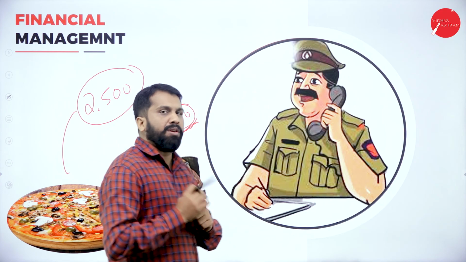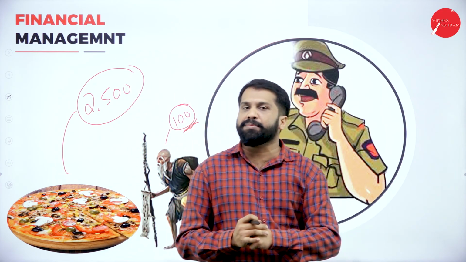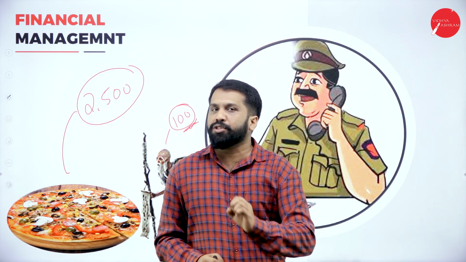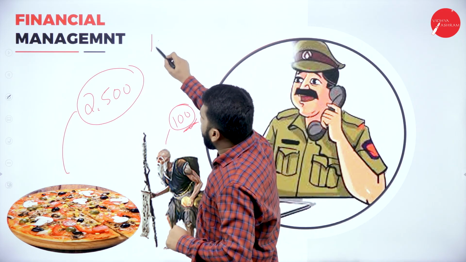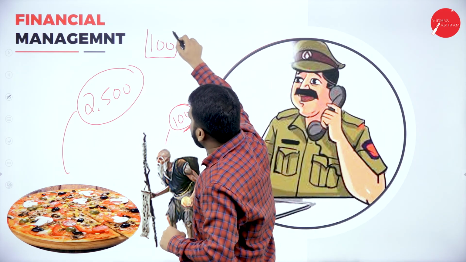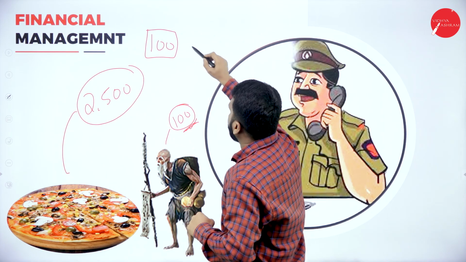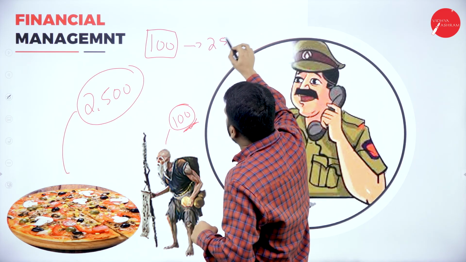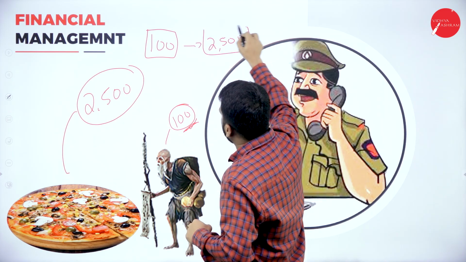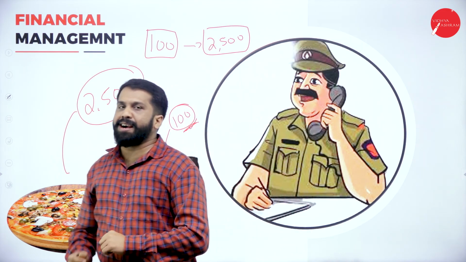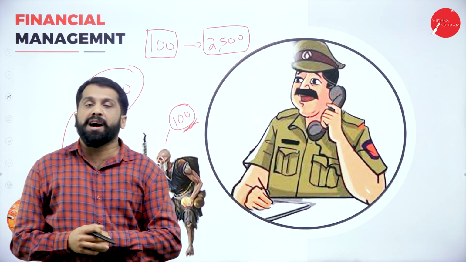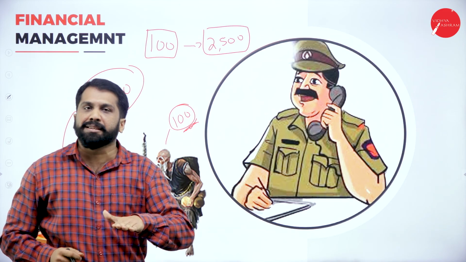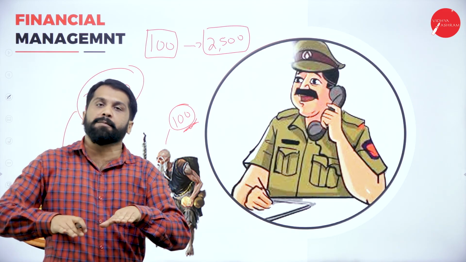Now, what is the moral of this story? The moral is very simple. What is your financial management? With 100 rupees, with a finance of 100, he ate 2,500 worth of food. This is called financial management. Your available resource is less, but your benefits are more.